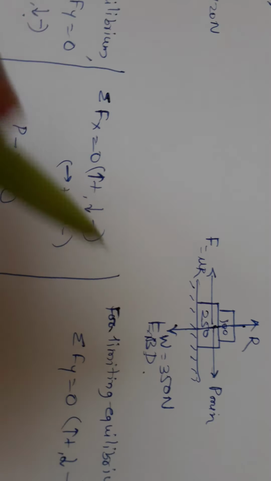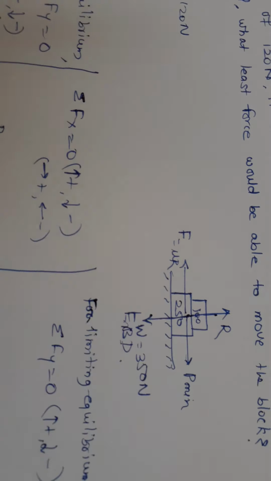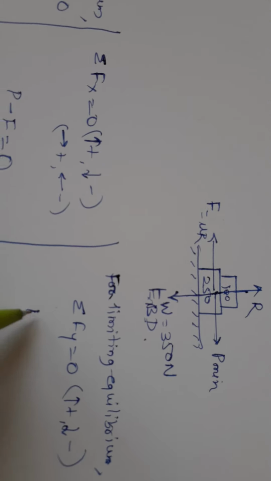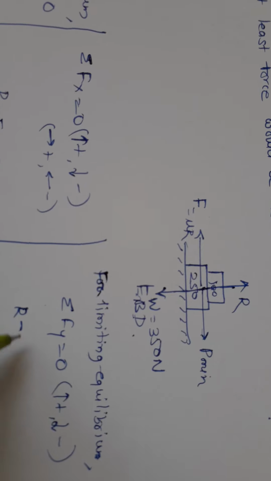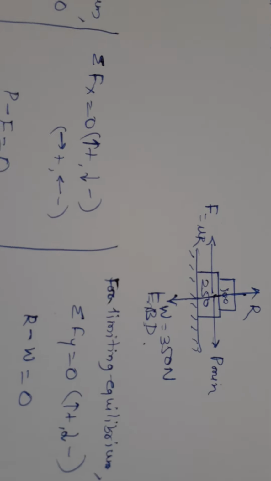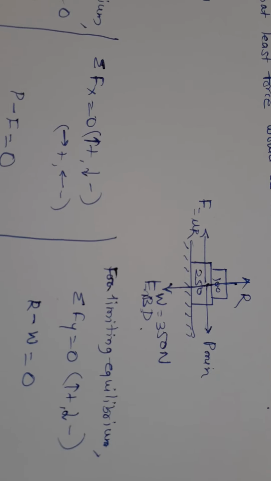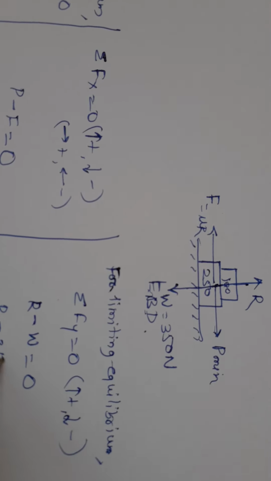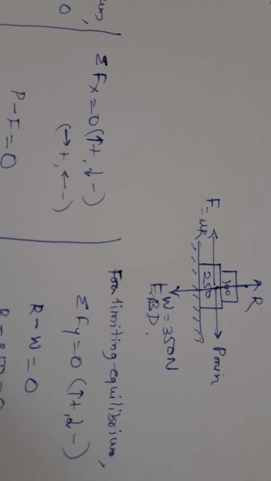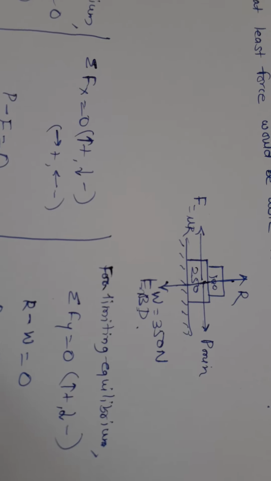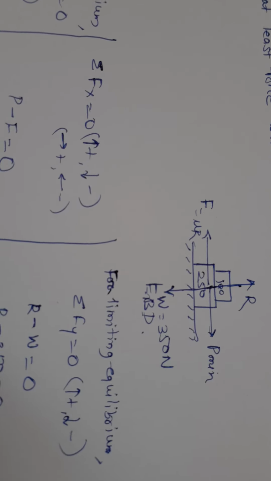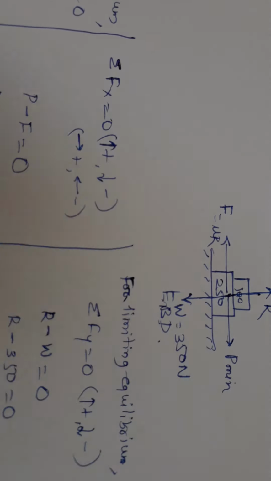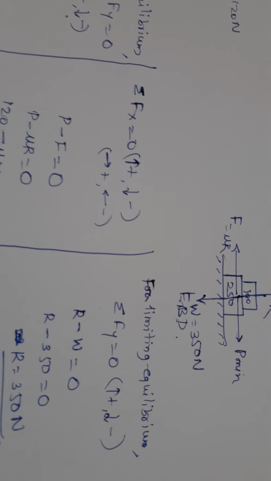In the y direction the forces acting are R and W. R is upward, so we write it as positive, W downward negative: R minus W equal to 0. We know that W is 350, so R minus 350 equal to 0. R will be 350 Newton normal reaction.